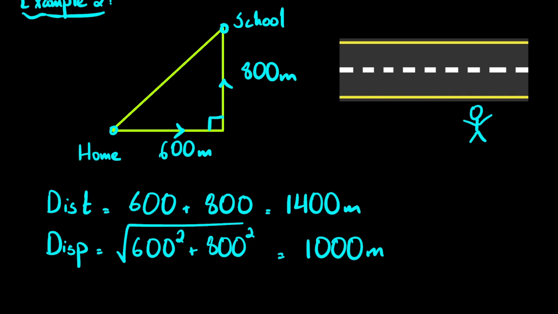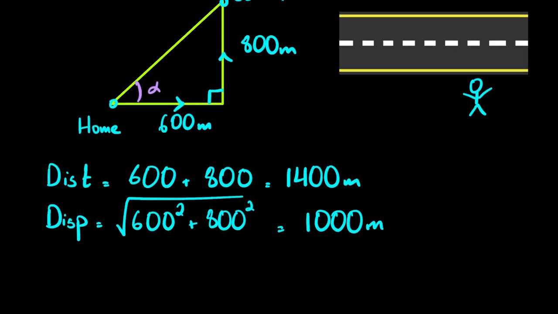Strictly speaking, because this is a vector quantity, there must also be a direction associated with this, and there is. It's this angle. So you can use high school trigonometry to figure out this angle. This angle alpha can be calculated using tan. So this is going to be tan inverse of the vertical, 800 upon 600.